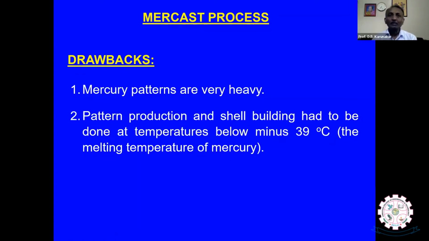If you do it at room temperature, it is in the liquid state. So if you want to make a pattern made up of mercury, you should work in an environment where the temperature is maintained around minus 39 degrees centigrade. Then only mercury will be in the solid state, and you can make a pattern. Around that, you can make a mold. So maintaining that much chill temperature is expensive.